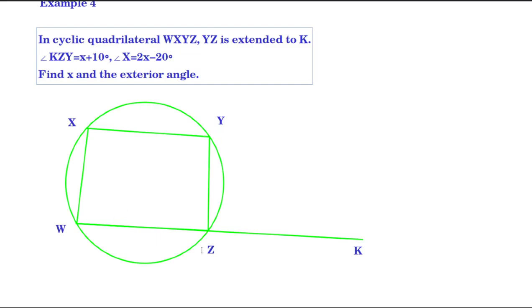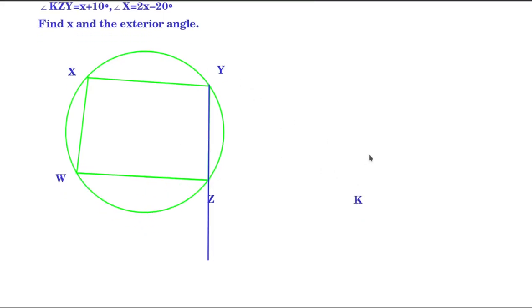It's this one. It is extended to K. I've extended the wrong way here. It's YZ. So from here, I'm going down there. Then there is our K there.